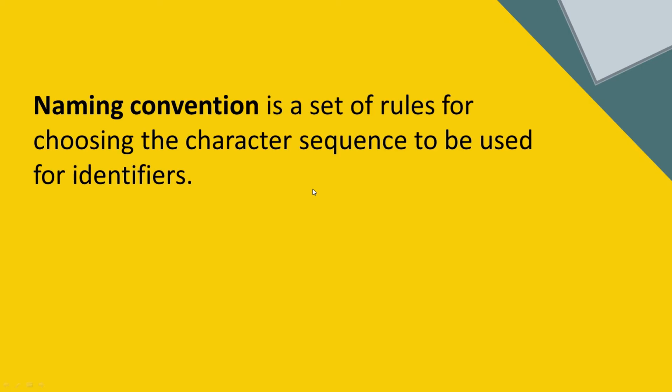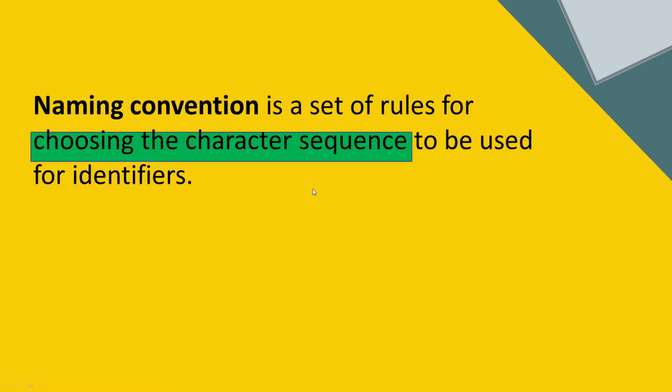Naming convention is a set of rules for choosing the character sequence that needs to be used for identifiers. Choosing the character sequence here means that while we are combining a set of words into a phrase, it gives the guidelines that need to be followed.